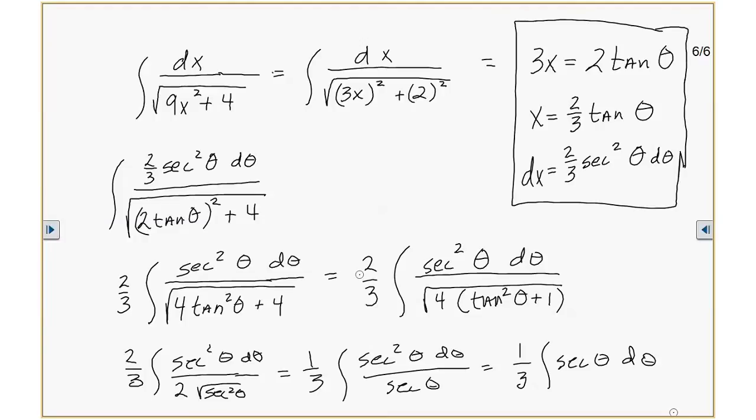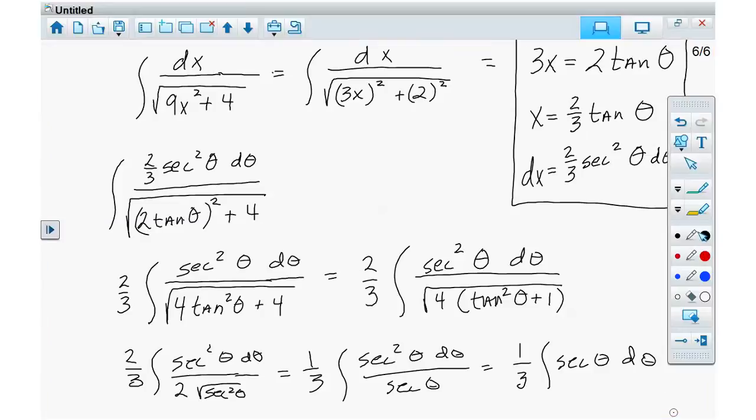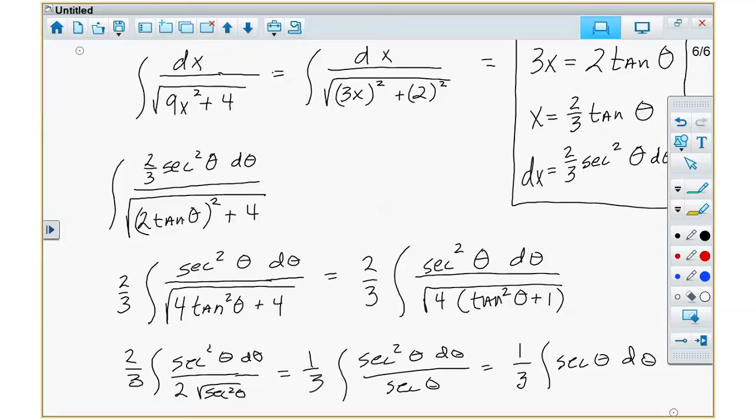So go ahead, I'm going to take it over to the next page. I'm just going to make it smaller because I don't feel like doing that. I'm going to keep it all on one page.